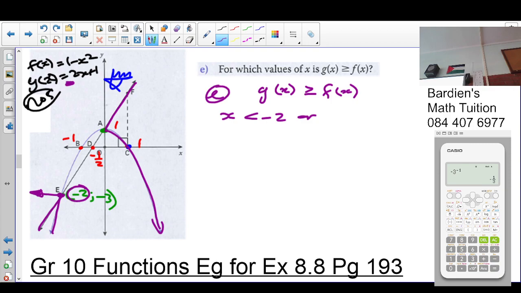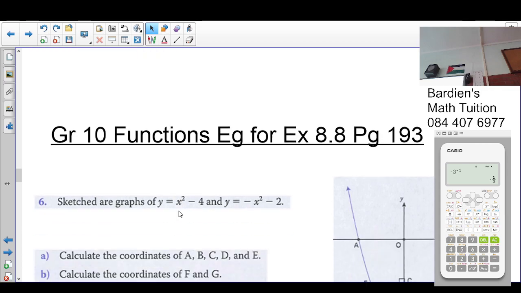Or x must be more than 0. You see that, people? Now you see there's an equal sign as well. Okay? So it has to be less than or equal to negative 2 or greater than 0. So any confusion here? Alright.